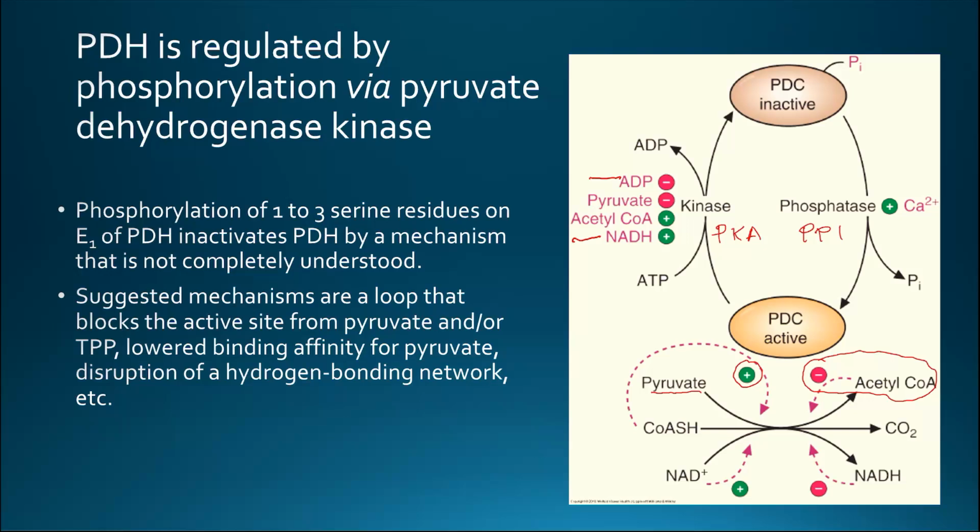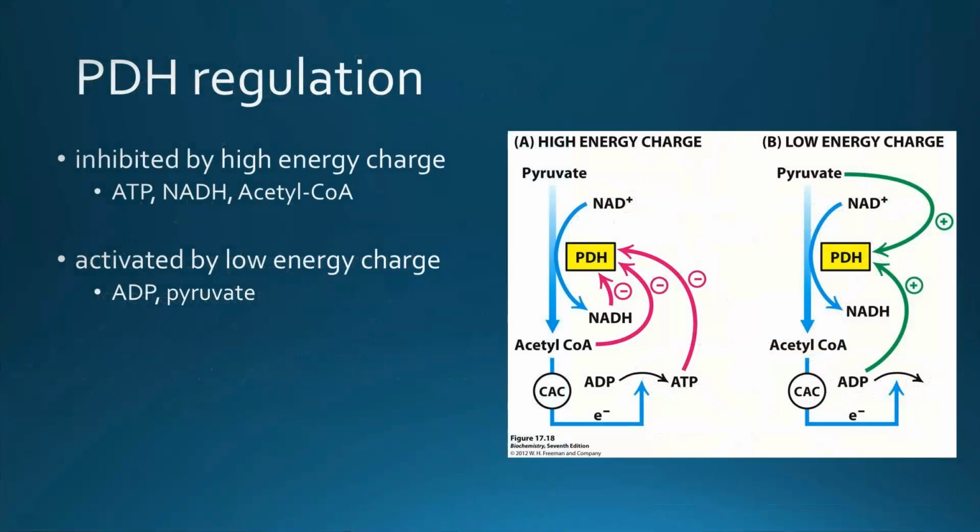If ADP inhibits the kinase, then that inhibits the phosphorylation of the PDC into an inactive form, and so that is beneficial. You should be able to think through a logic like that for the rest of the activators or inhibitors, either in this diagram or in another one such as this.